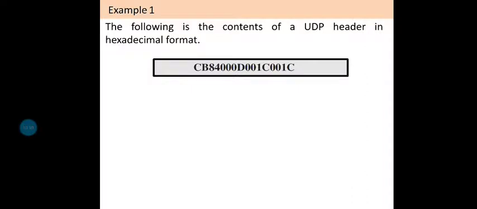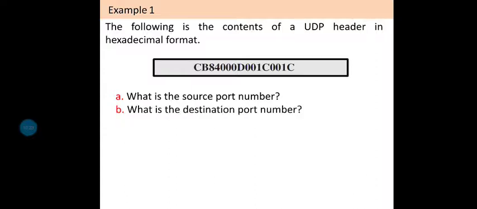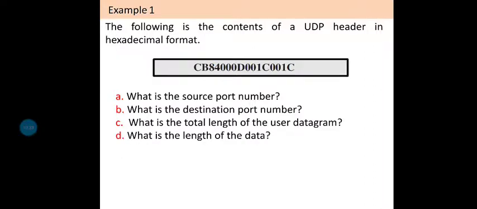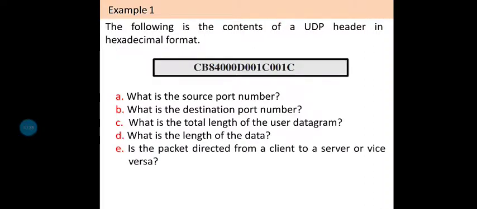By referring to this hexadecimal value, we need to answer: what is the source port number, what is the destination port number, what is the total length of the user datagram, what is the length of the data, is the packet directed from a client to a server or vice versa, and finally, what is the client process.